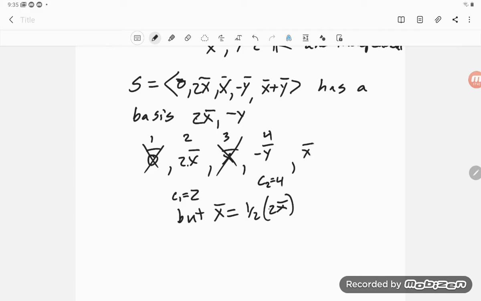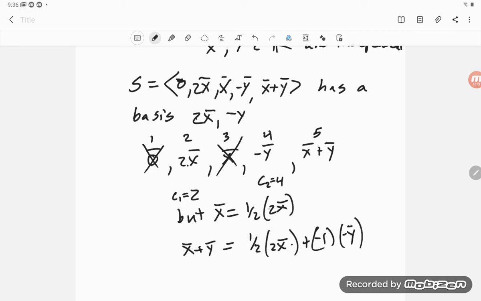And then x plus y in position 5, I can make that. x plus y is equal to 1/2 of 2x, my C1 vector, plus negative 1 times negative y.